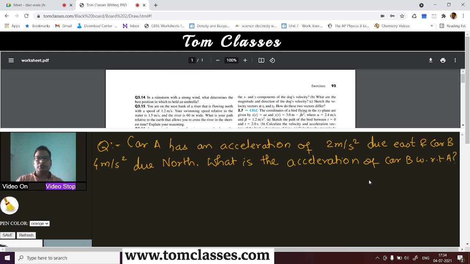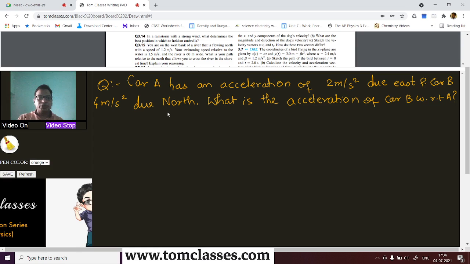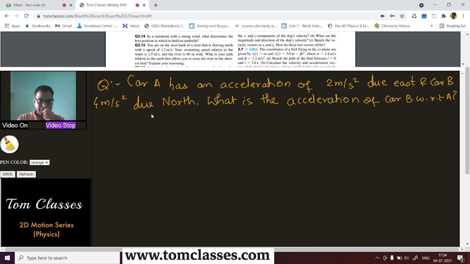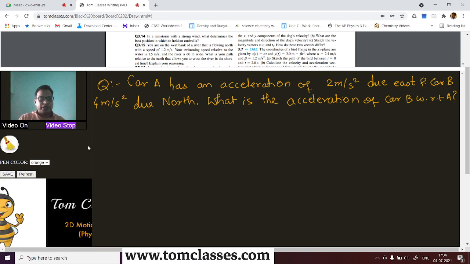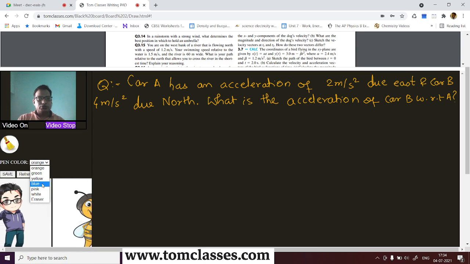So that is the question. Okay, so let's try to do this particular question. How are we going to do it? Okay, so what is given? Car A has... Okay, so again we'll try to approach it with vector notation over here. Okay, so let's see.